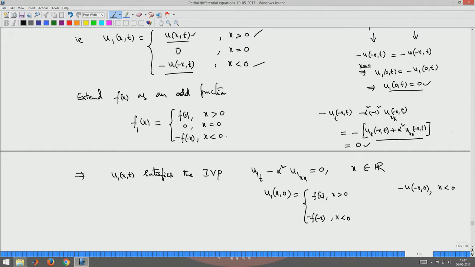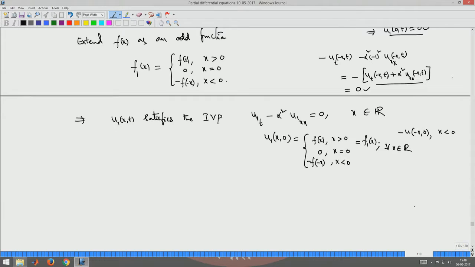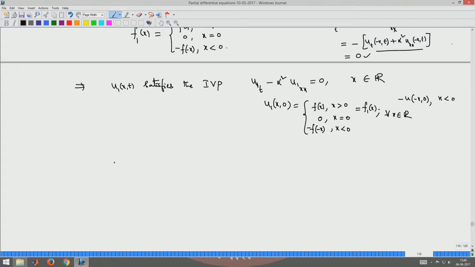So, this is nothing but now an odd function. So, that makes it so that at x equal to 0, this has to be 0. So, this is nothing but your f1 of x, okay. So, for every x belongs to R, this is true. So, this is the initial value problem which we solved in the last video. So, you can now write your u1 of x,t as the solution, which we know.